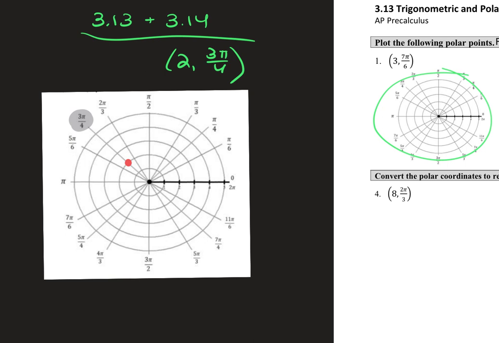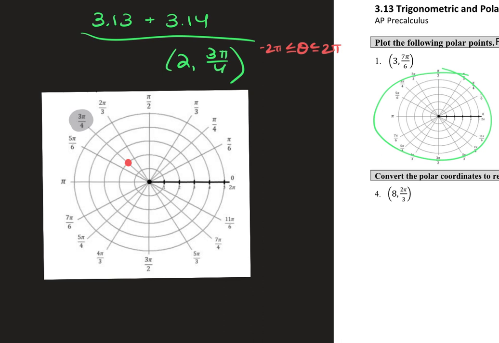Now, in order to find the additional polar representations, if it says between negative 2 pi and positive 2 pi, that means my answer cannot be less than negative 2 pi and can't be bigger than 2 pi. There are really 2 ways to find this. One is if you can look at that and visualize your other angles, you're free to do that.